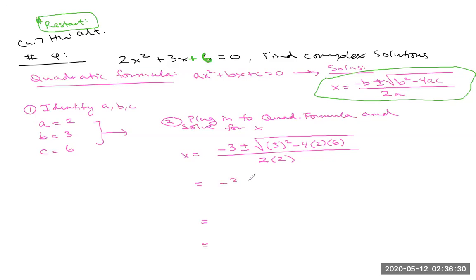So -3 plus minus, we're going to keep our 2 times 2 on the bottom as well, just to follow order of operations. The radical plays a parenthesis role in this case since there's stuff happening underneath it that can be simplified. So we're going to start with parentheses, exponents, and so on. So exponents first.